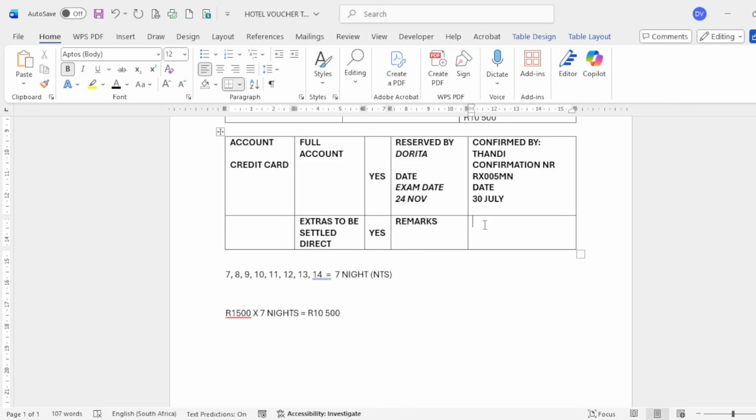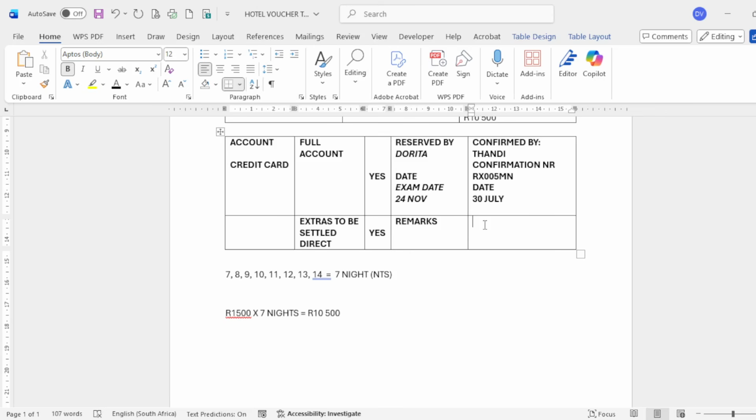Maybe they've got kids that want to play outside. Any special request needs to be noted under remarks. Late arrival is a very popular one they use in exams. So anything like that, you need to put it under remarks.